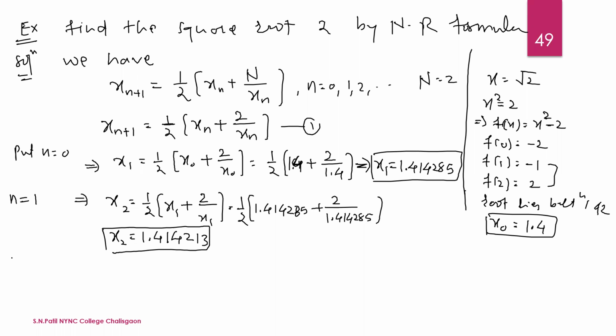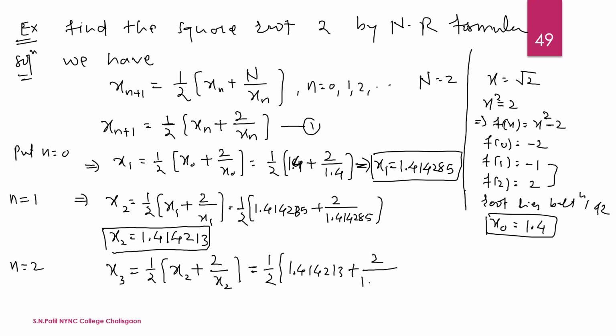Okay, now next iteration, put n is equal to 2 in equation 1, and then 2 plus 1 is 3. x suffix 3 is equal to 1 by 2 x suffix 2 plus 2 upon x suffix 2, is equal to 1 by 2 of 1.414213 plus 2 upon 1.414213.